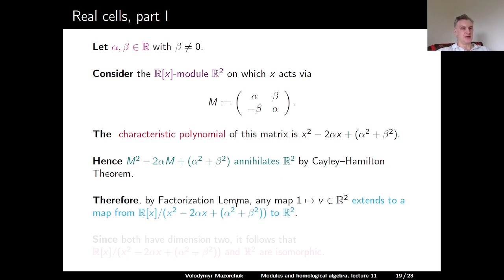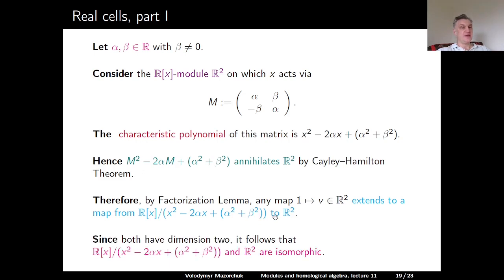Therefore, by the factorization lemma, and using the fact that R[x], the regular module, is free, the free property says that given any element v in R2, there is a unique morphism from R[x] to R2 which sends the generator 1 of R[x] to this element v. But now we know that this expression annihilates R2, and so by the factorization lemma, this map factors through the quotient of R[x] by the ideal generated by this polynomial.